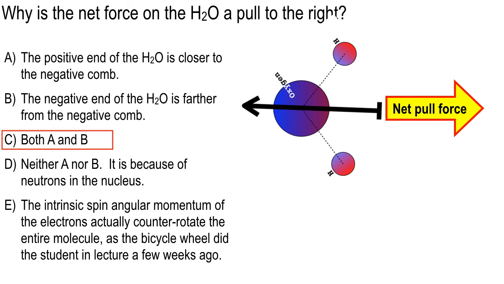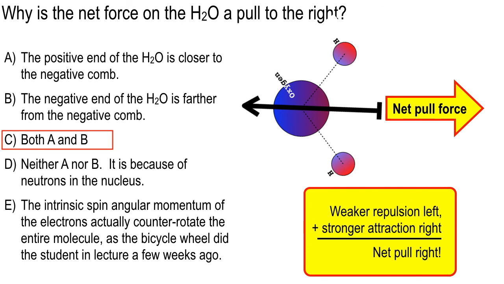Okay? And now I want you to jot down why that is correct. First of all, your comb is over here on the right side of the screen. That's negative. It's not displayed, but it's over here. So just think of the right side of the screen as negatory. Now your positive end is closer. Your negative end is a little bit farther away because it rotates into place in this idealized view.